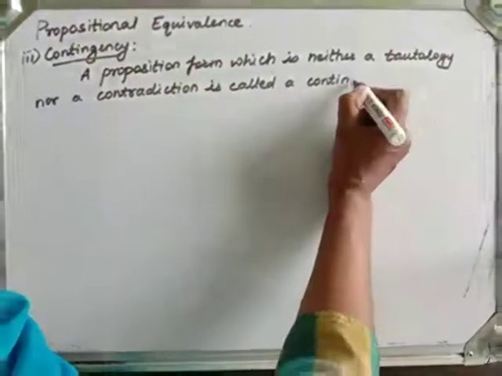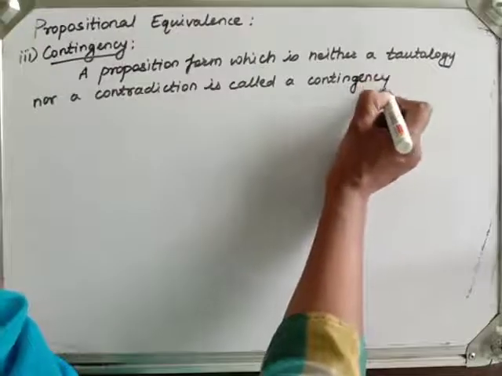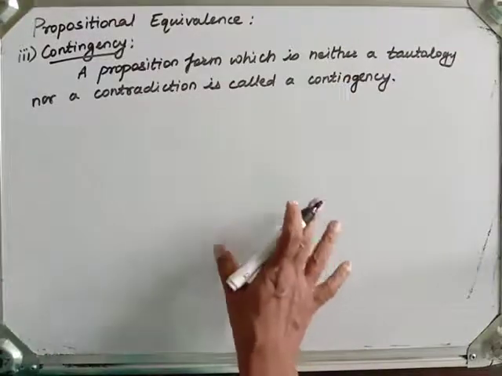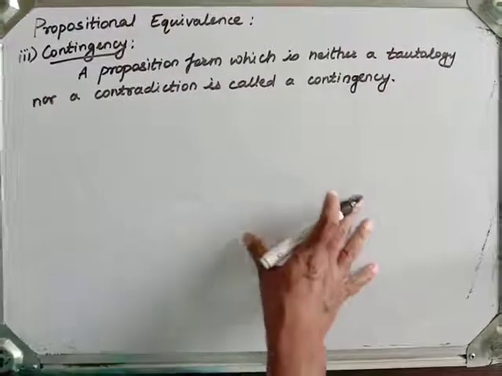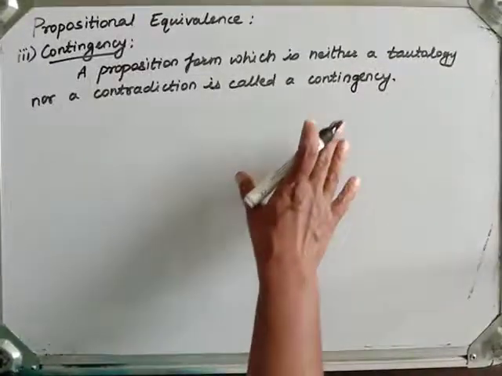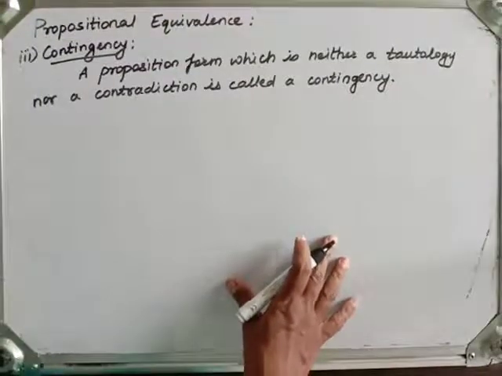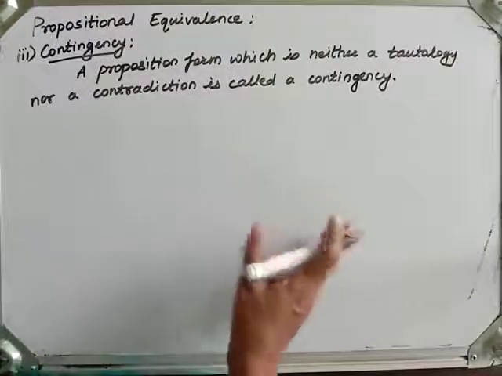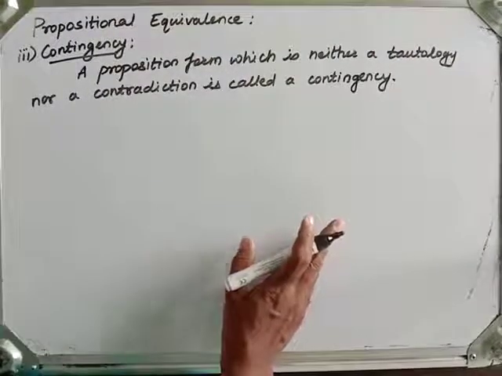Means in the truth table, it may have some possibilities true and some false. Then that time it will be a contingency. If all are true, then it is a tautology. If all are false, then it is a contradiction. But if some are true, some are false, then it is a contingency.